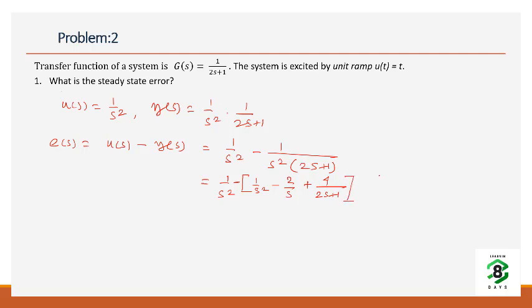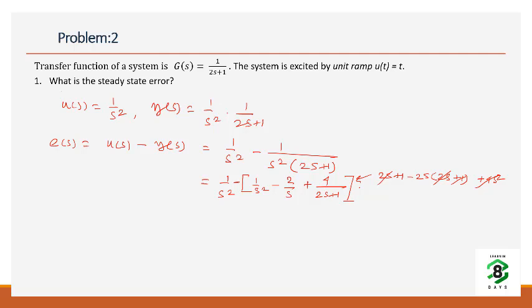If we just try to write the denominator, this will be 2s plus 1 minus 2s into 2s plus 1 plus 4s square. Now 4s square term gets cancelled by this, 2s term gets cancelled by this, finally numerator is 1.